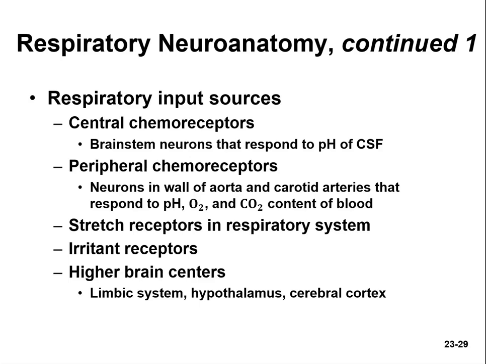You have stretch receptors in the lungs. You have irritant receptors that say, hey, you've got some dust in there. And then you have higher brain centers such as the limbic system, hypothalamus, and cerebral cortex. So all these receptors and input centers monitor your rate of breathing and say, hey, is there an emergency or not?